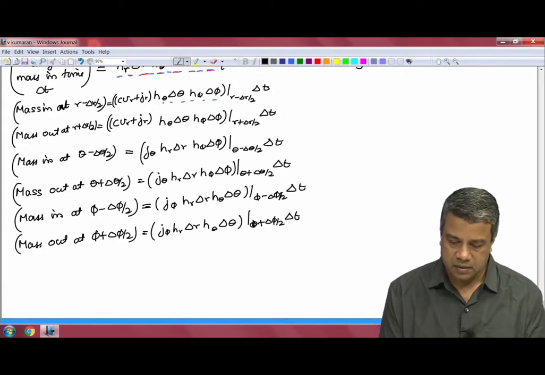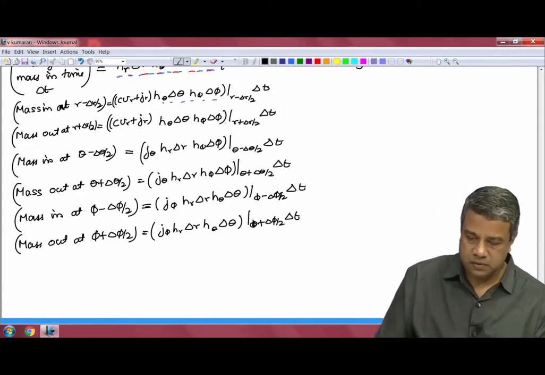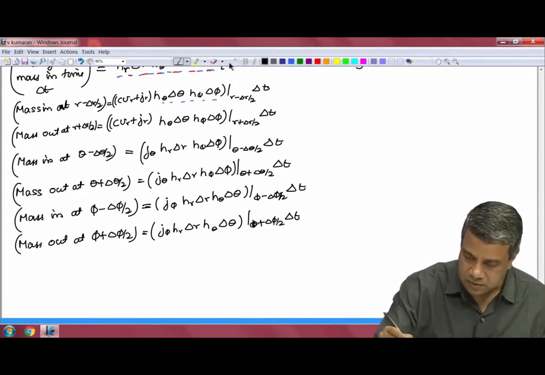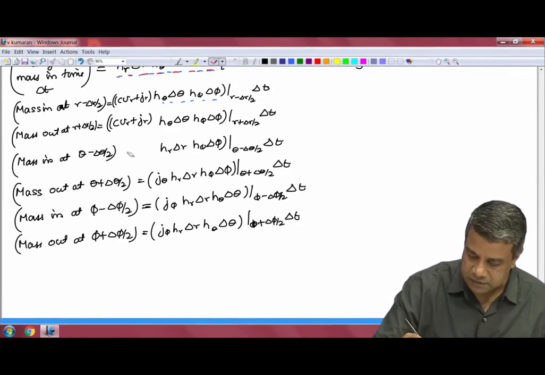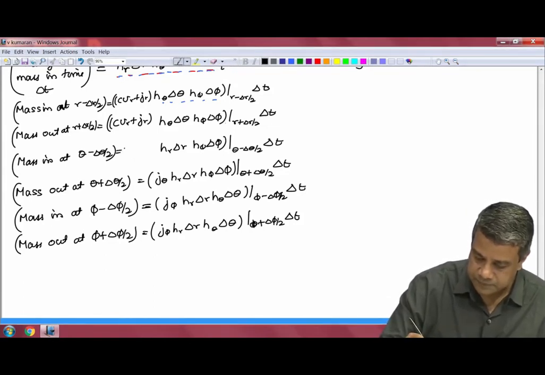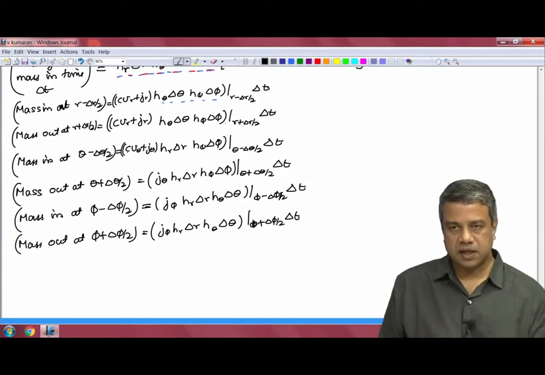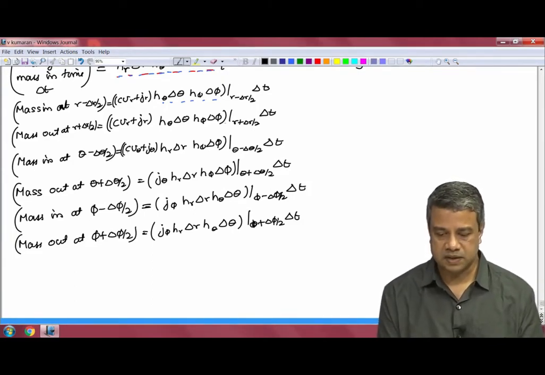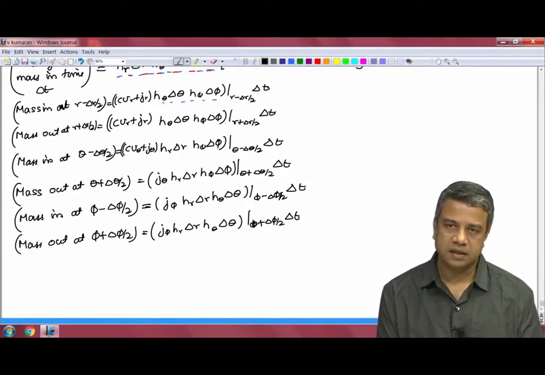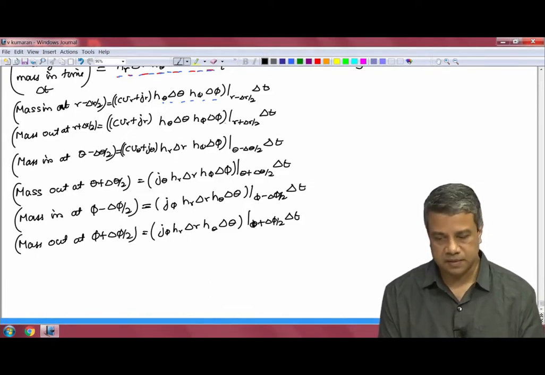Mass in at theta minus delta theta by 2 is equal to the total flux that includes the convective and diffusive parts, C V theta plus J theta, times the surface area, which is hr delta r h phi delta phi, at theta minus delta theta by 2 times delta t.